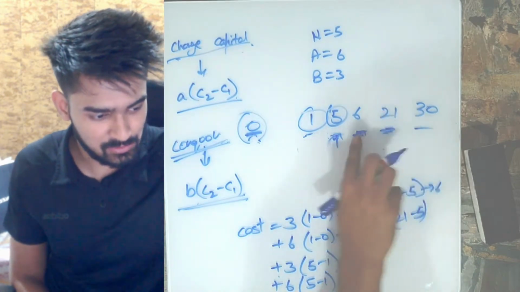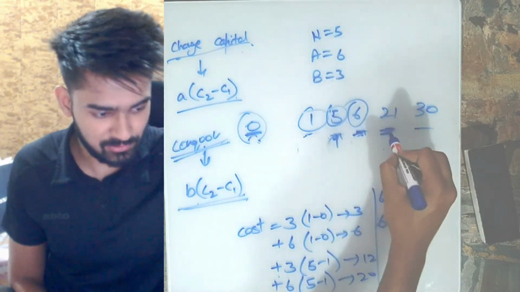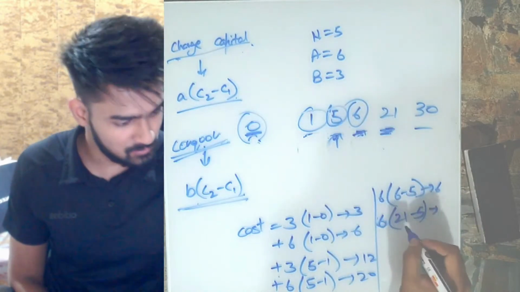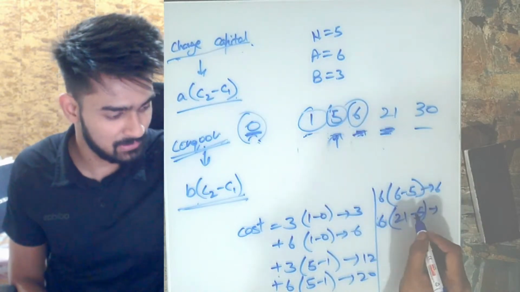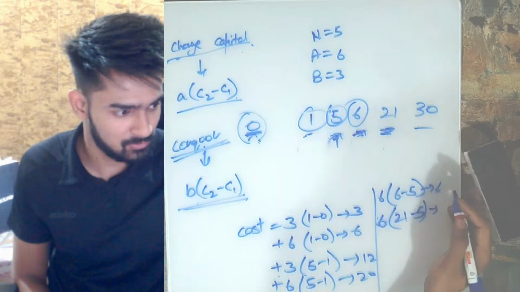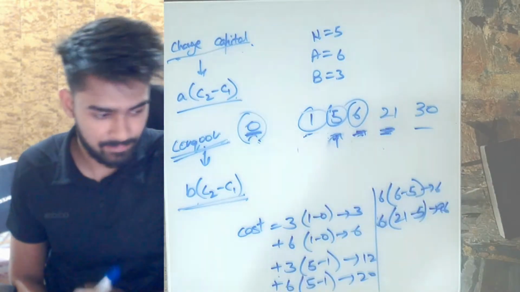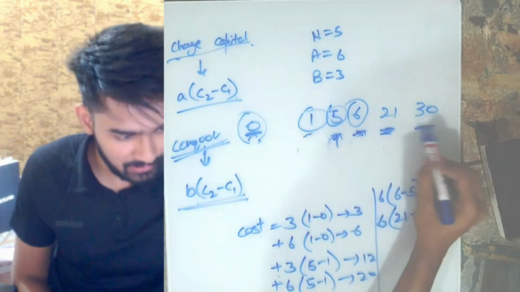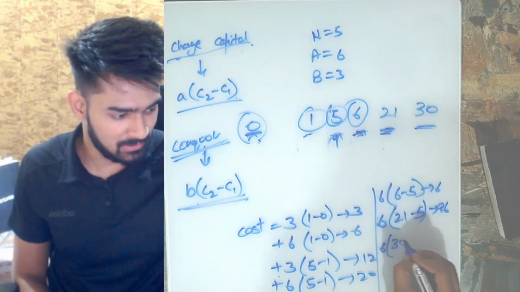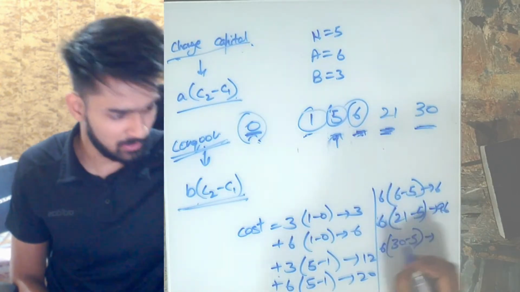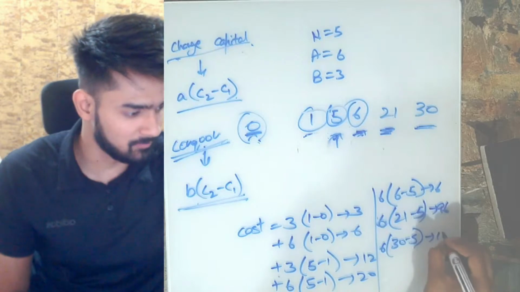C1 is still 5. 21 minus 5 is 16 times 6, which is 96. And then to conquer 30, we have 6 times 30 minus 5, which is 25 times 6, which is 150.